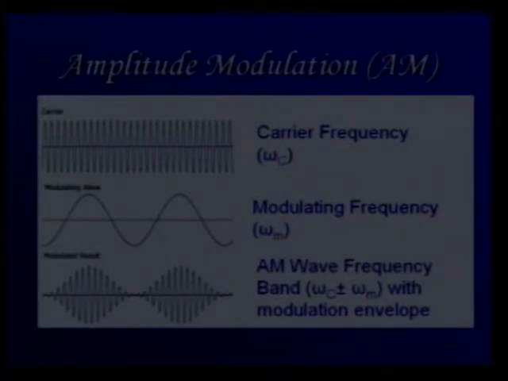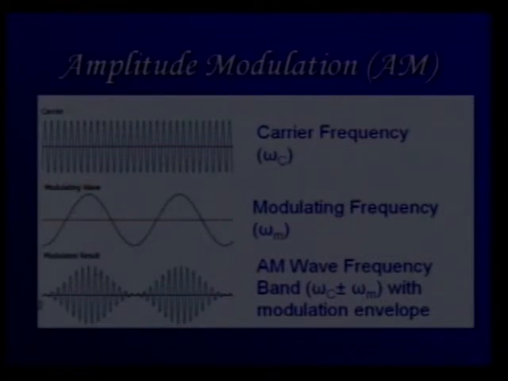Here you are seeing a signal. The top one is a carrier frequency omega c, which you see is much higher as compared to the modulating wave, which is a low frequency signal. And the resultant of this amplitude modulation signal is visible here to you, which is of the same frequency, omega c, but whose amplitude is changing as per the amplitude of this modulating wave.